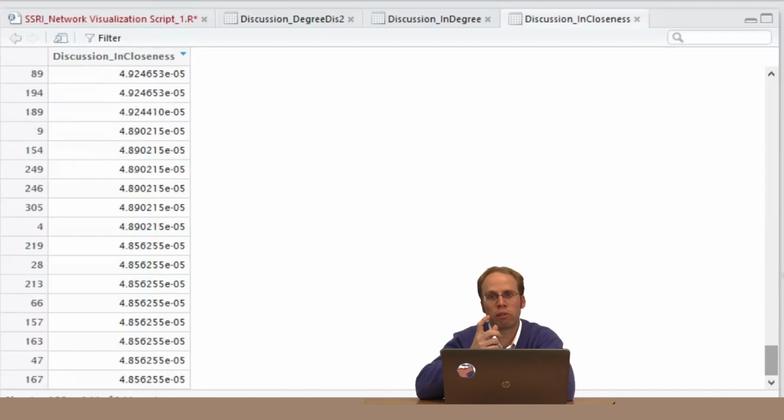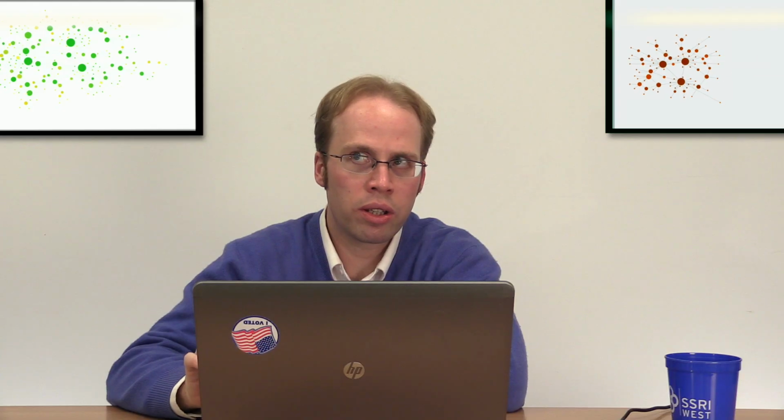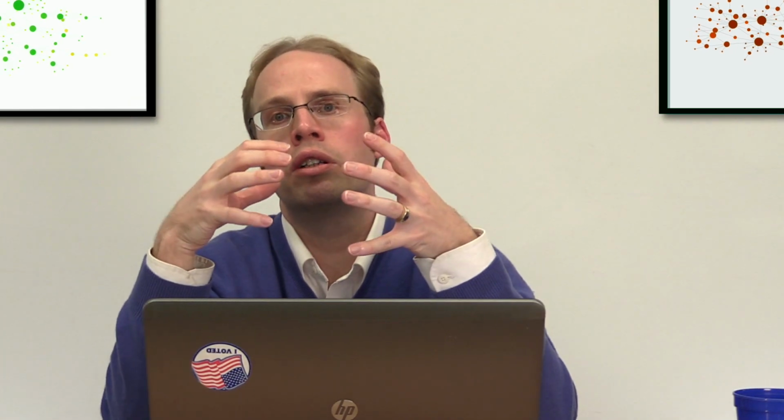So not a whole lot of range in here, which is probably in part because we have a less dense network. What that suggests is that there just isn't all that much variation. I would expect more variation if you had a really tight core, and then lots of little pendants off the periphery.